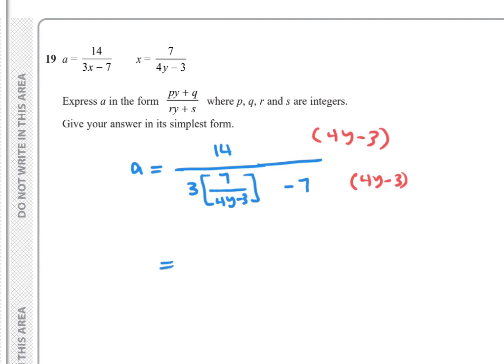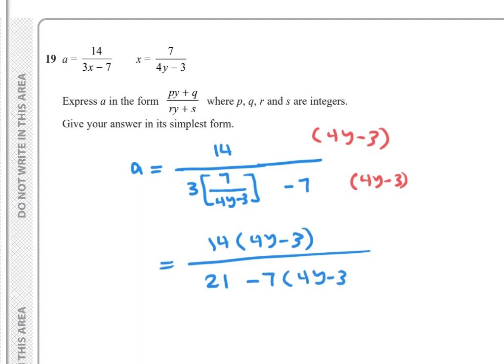The numerator will be 14 into 4y minus 3, and for the denominator, 3 times 7 over 4y minus 3 times 4y minus 3, this cancels with that one, so you are left with 3 times 7, which is 21, minus 7 times the bracket, minus 7 times 4y minus 3.